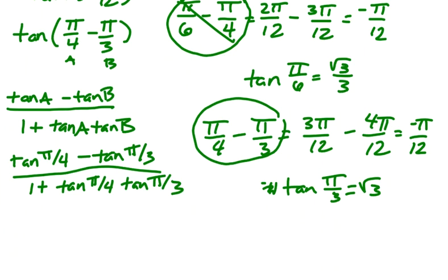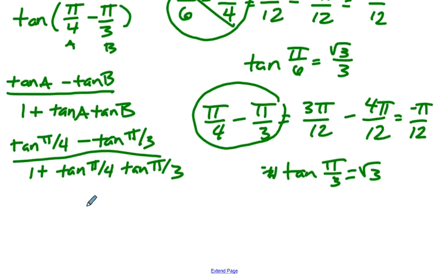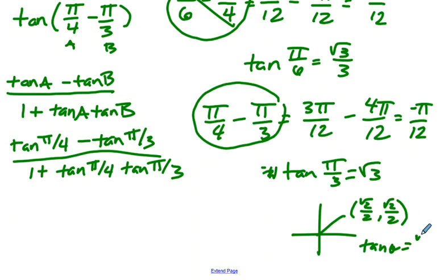Alright, on your unit circle, pi over 4 is right here with coordinates root 2 over 2, root 2 over 2. So when you do your tangent, remember tangent theta is y over x. So root 2 over 2 divided by root 2 over 2 should give you 1. So the tangent of pi over 4 is 1.